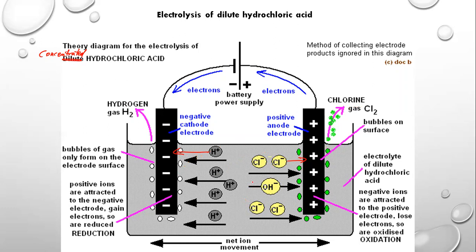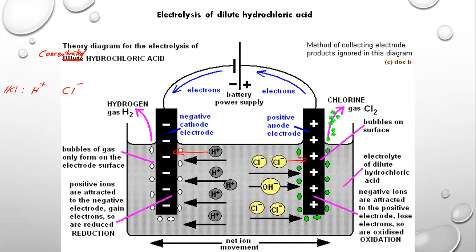Now, one key thing to make note of: this is a concentrated solution of hydrochloric acid. Therefore, the ions present there would be hydrogen ions from your acid, H plus ions, and Cl minus ions from your acid. So HCl produces those ions.